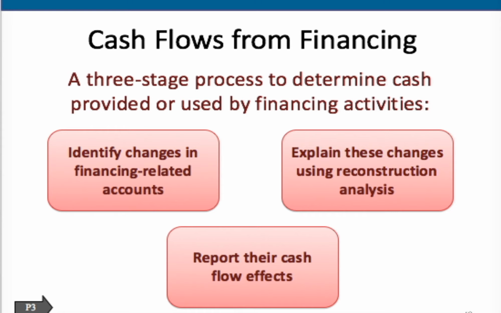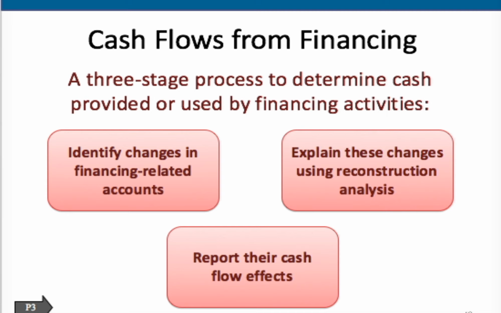The fourth major step in preparing the statement of cash flows is to compute and report cash flows from financing activities. We normally do this by identifying changes in all non-current liability accounts, which would include the current portion of any notes and bonds, and the equity accounts.